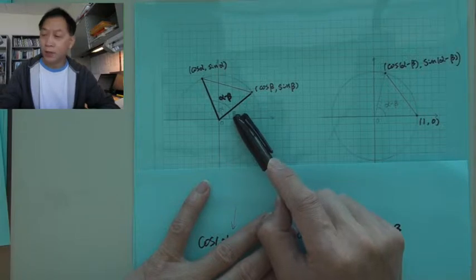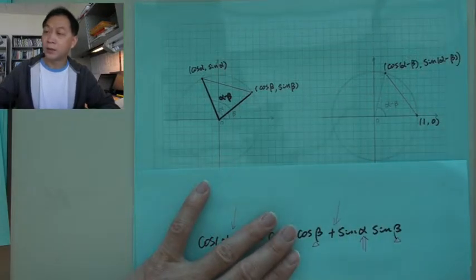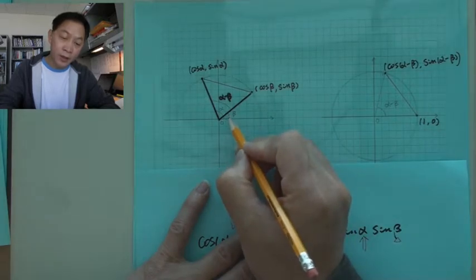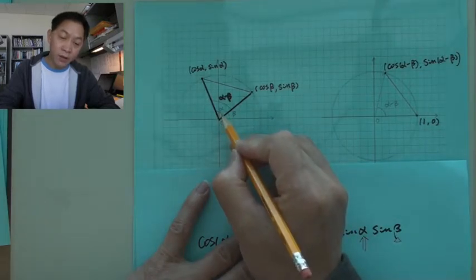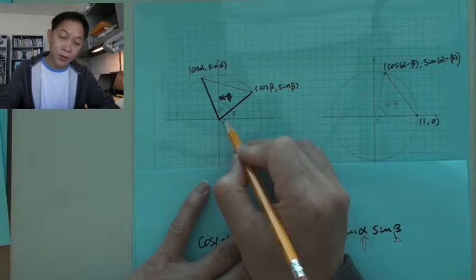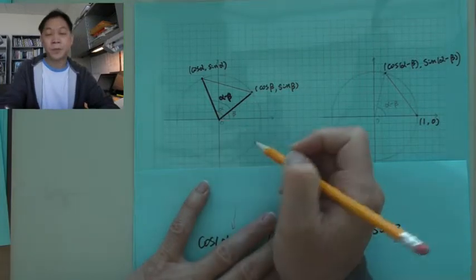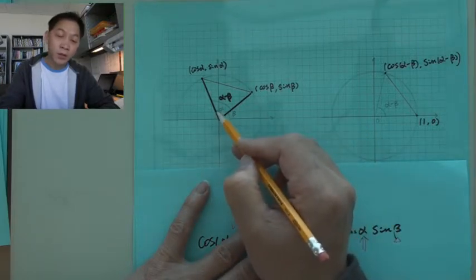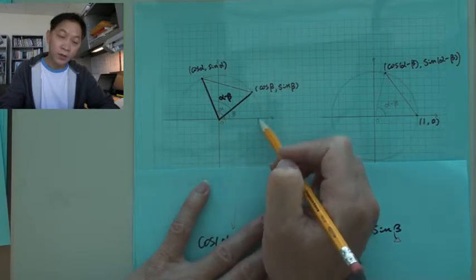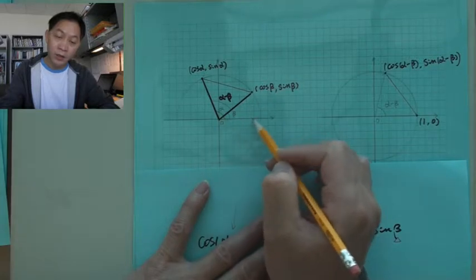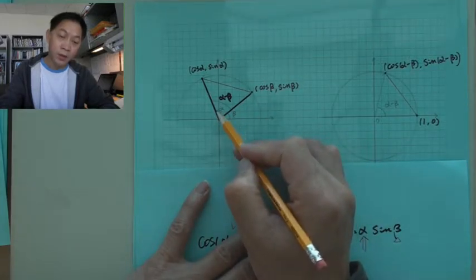And alpha is this angle. This is angle beta, this is angle alpha, starting all from the x-axis, from here to here. That's alpha. Since this angle is alpha, starting from the x-axis, initial side here, up to here, terminal side, I marked alpha.